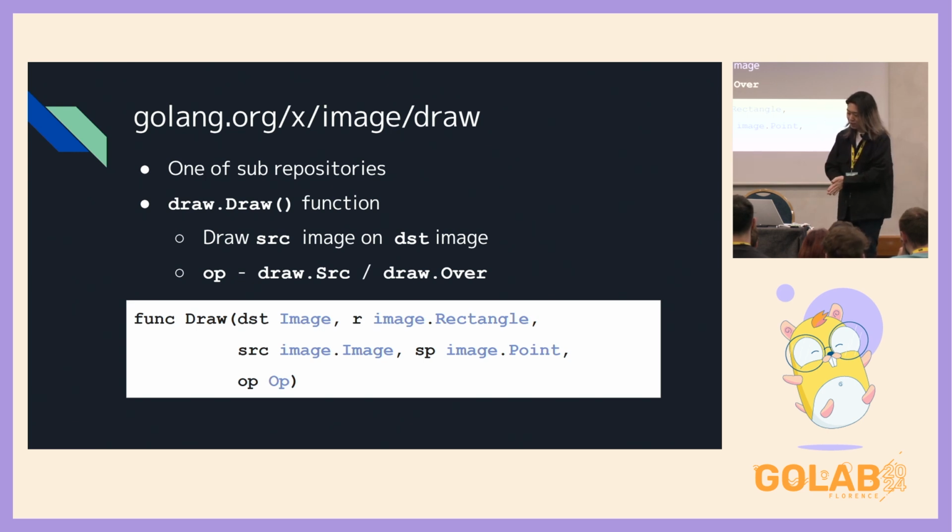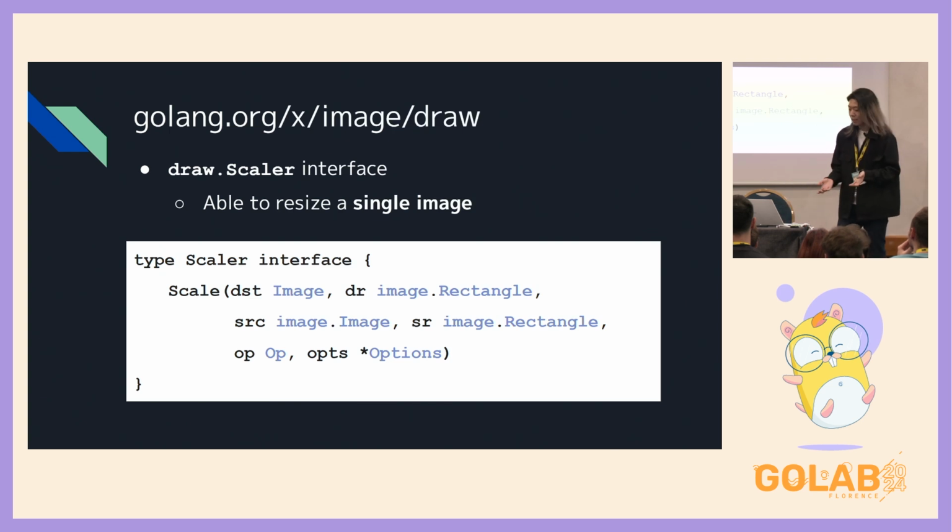The draw.Src operator completely replaces the destination image with the source image. On the other hand, the draw.Over operator simply overwrites the destination image with the source, maintaining the destination's pixels under the source's transparent pixels.